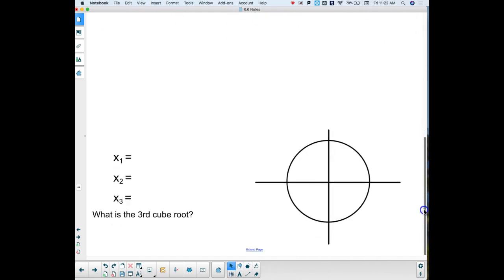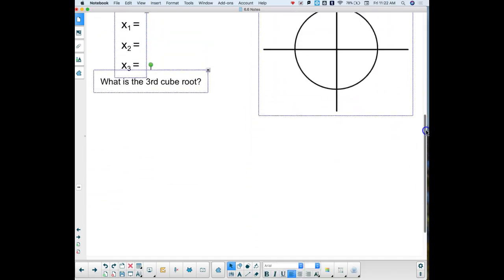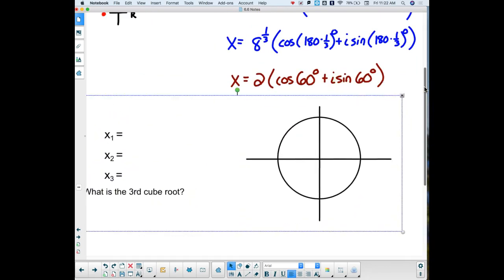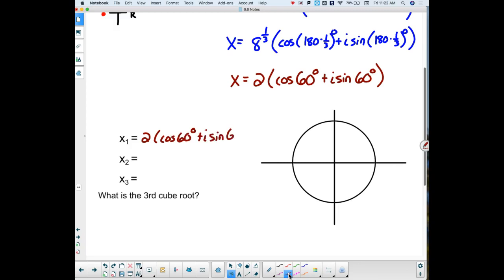So, bring this back up now. So we have one of them at 2 times the cosine of 60 degrees plus i times the sine of 60 degrees.